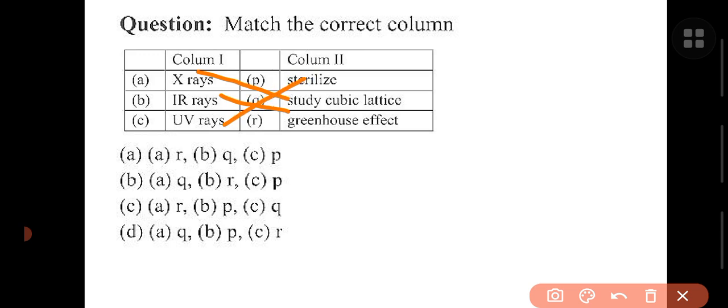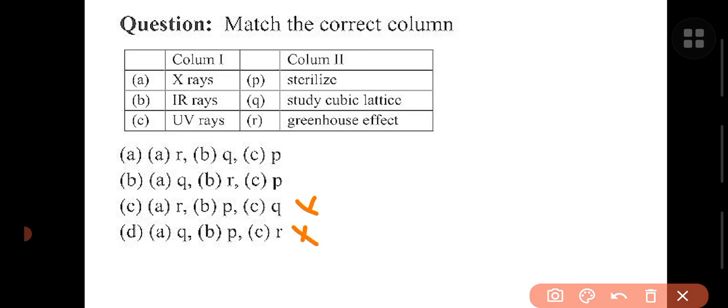UV rays sterilize. So X-rays in option A is given as R. A is matching with R. Definitely no. So we have already eliminated C and D.